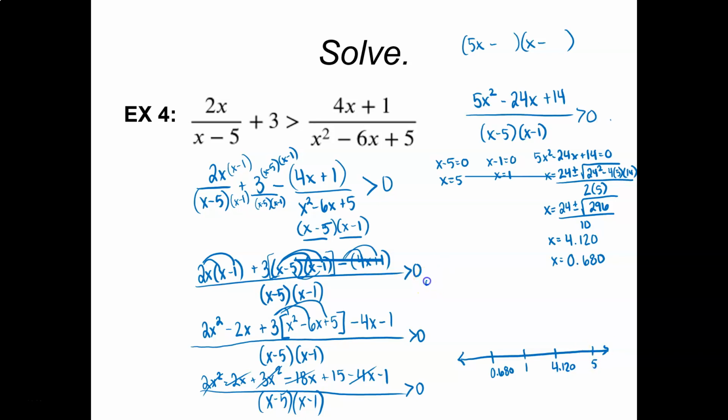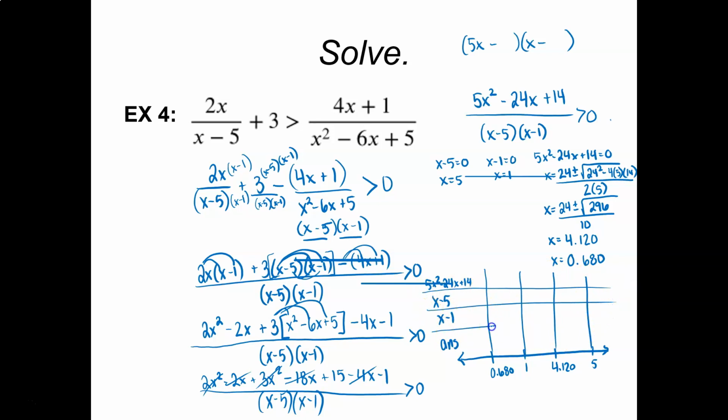So our chart would have 5x squared minus 24x plus 14, x minus 5, x minus 1, and then the answer. So this x minus 5 will be easy. I'm going to skip to it first. You'll get negatives until you get up to the 5, and then they'll be positive. The x minus 1 is going to be negative, negative, and then positive after that.